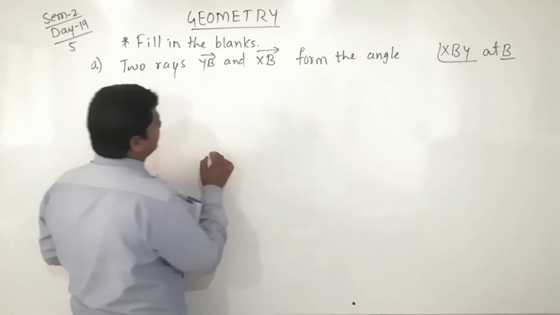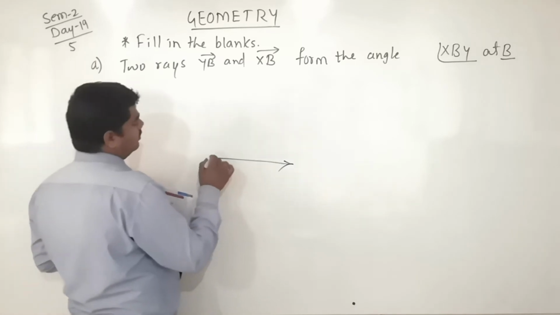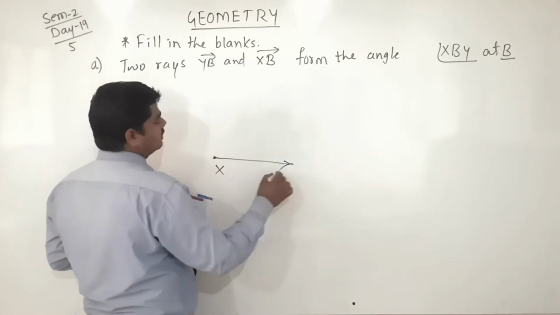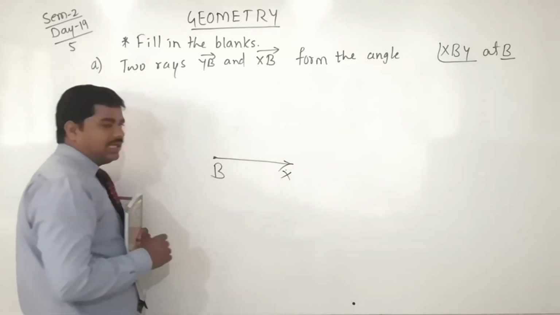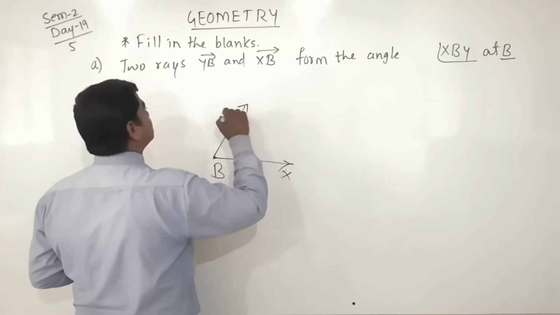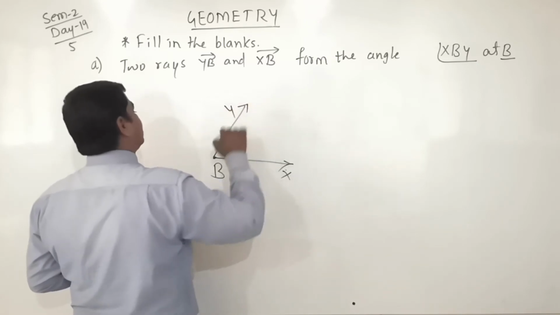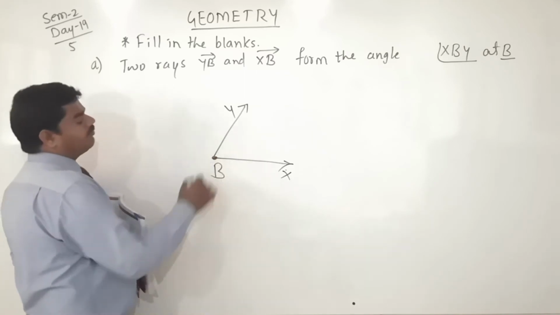Here take an example. XB is a ray. Then we can write one more ray, BY or YB is a ray. Where do they form an angle?